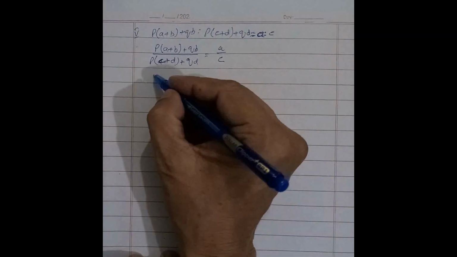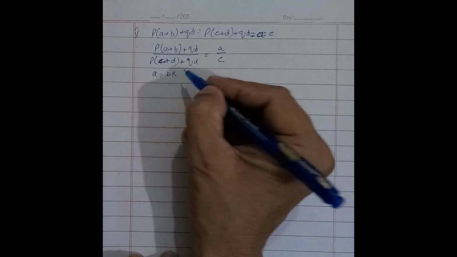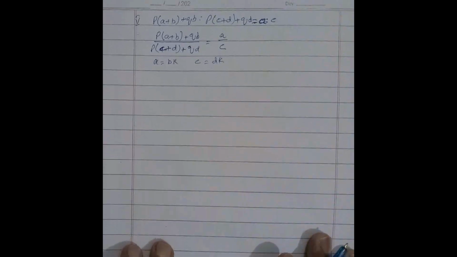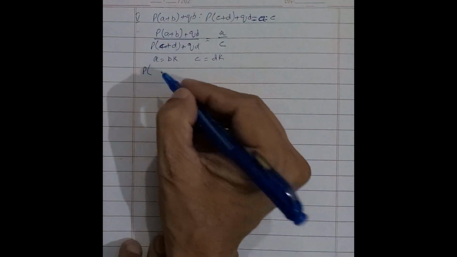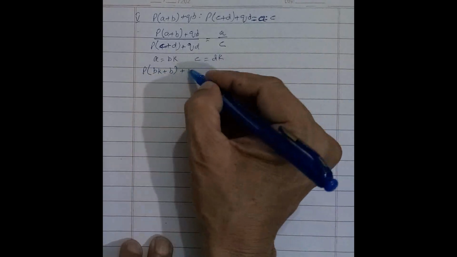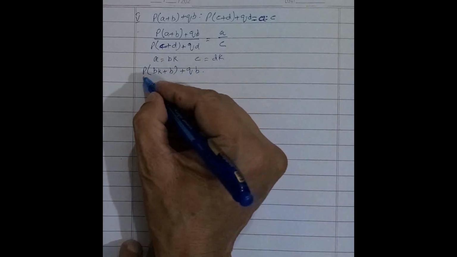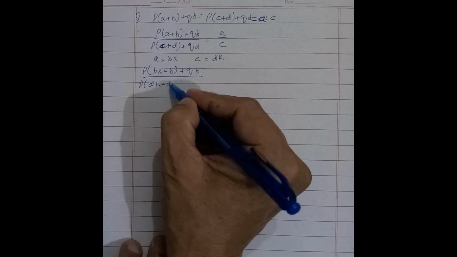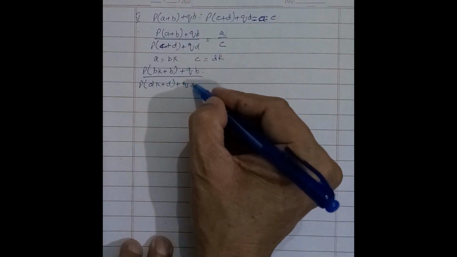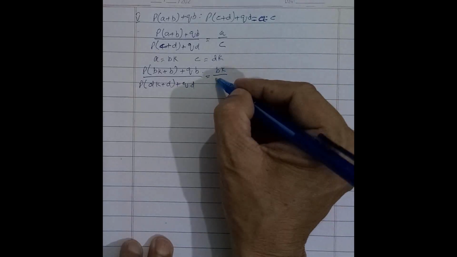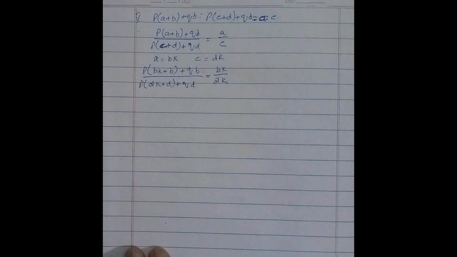Now put the value of A, which is equal to BK, and C is equal to DK in this question. We get P(BK) + B + QB, and the denominator P(DK) + D + QD is equal to BK over DK. Simplify these values.